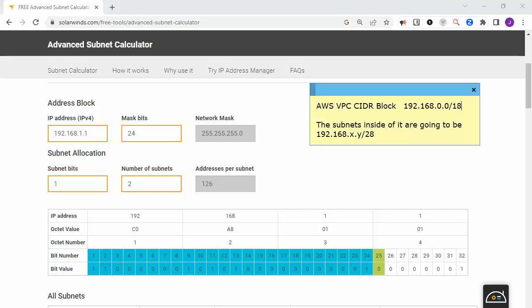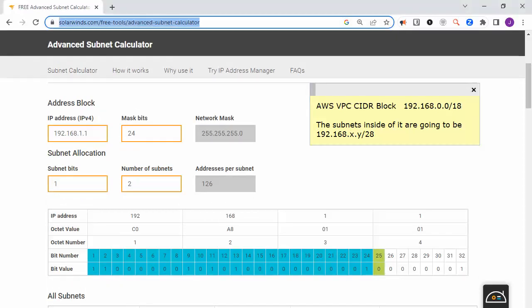So let me explain how you would be able to find the different subnets. Again, the subnets are not going to be as easy to get by just changing this number. If you just change this number, that is not necessarily going to work. In this case, I am at this website, solarwinds.com/free-tools/advanced subnet calculator.